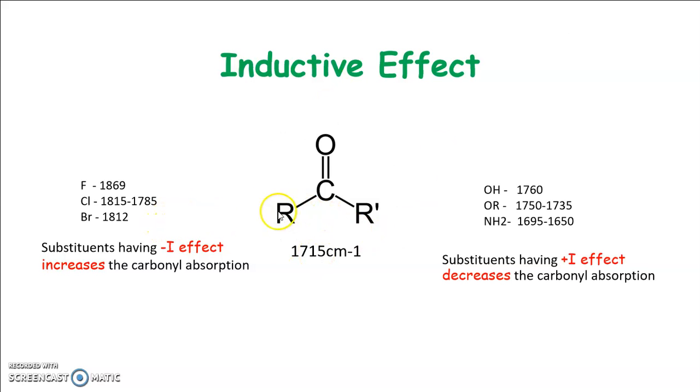Here, if the R is replaced by substituents having -I effects such as fluorine, chlorine, bromine, etc., the carbonyl absorption increases, as the electron withdrawing group strengthens the CO bond, and the frequency of absorption increases, while substituents having a +I effect will decrease the carbonyl absorption frequency, since it makes a single bond character in the CO double bond.